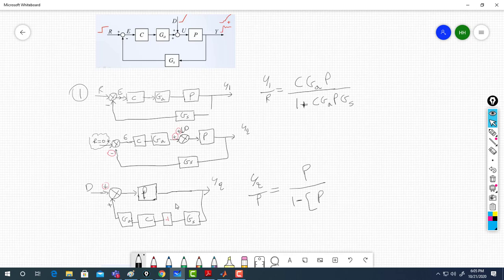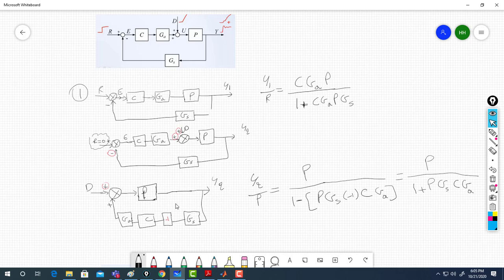So my loop is P times GS times minus 1 times C times GA. Okay, so this equals... Yes, block minus 1. I will go through it. So 1 plus, just give me a second, P GS C GA.